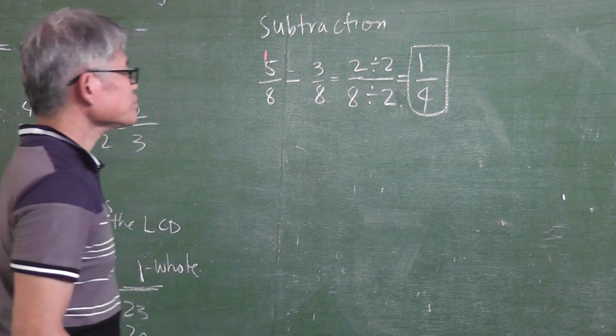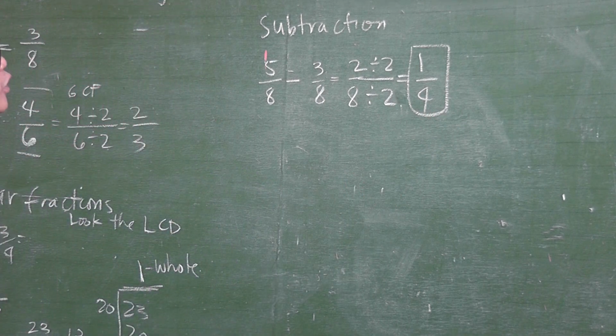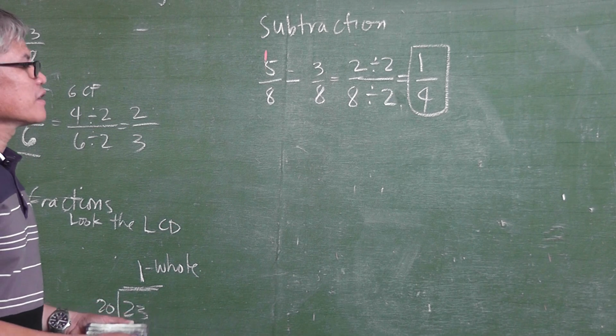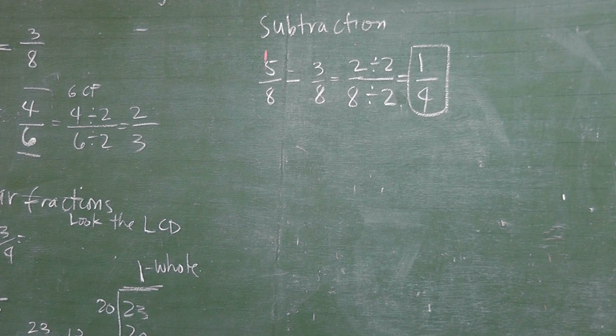Now we'll go to dissimilar fractions. The same with addition. For example, I have here 3 and 3/4 minus 1/6.